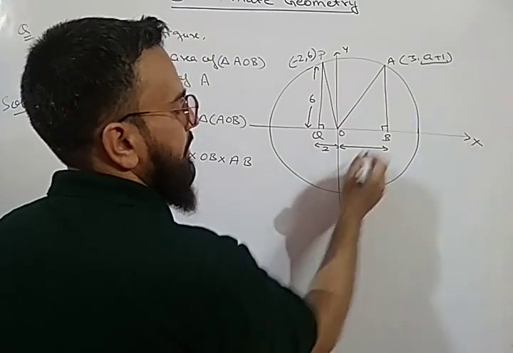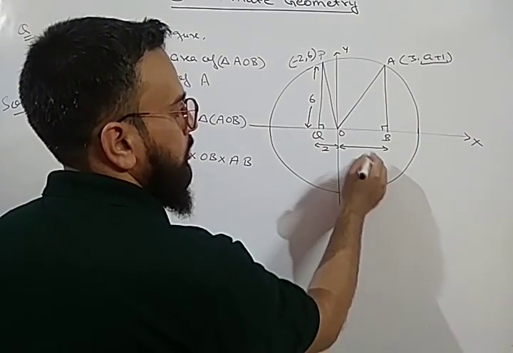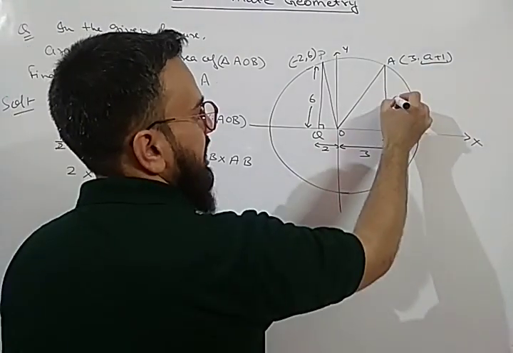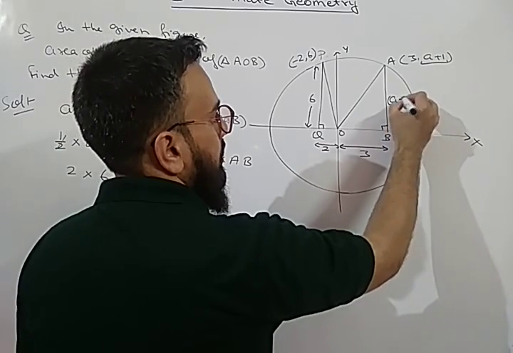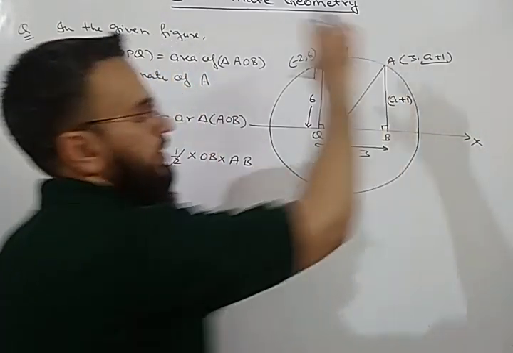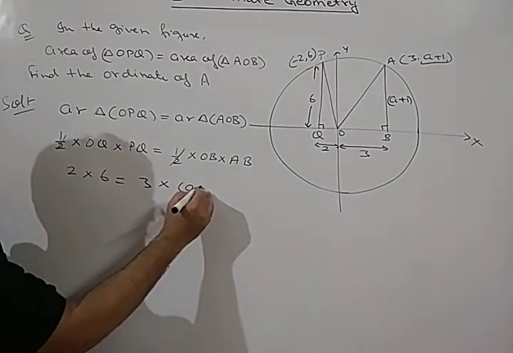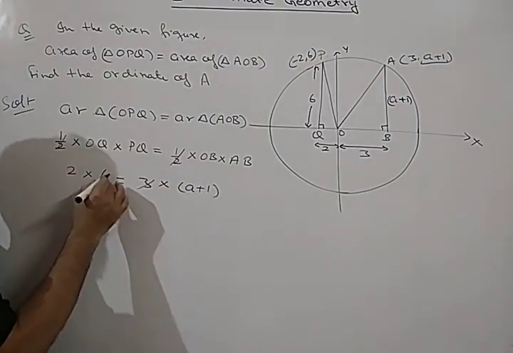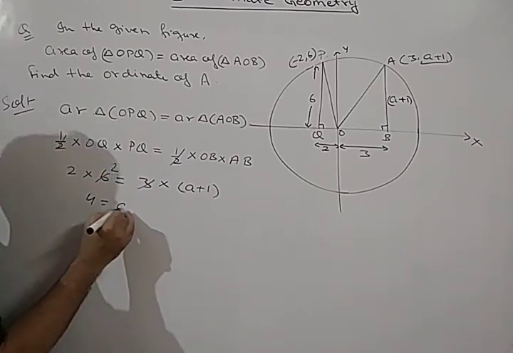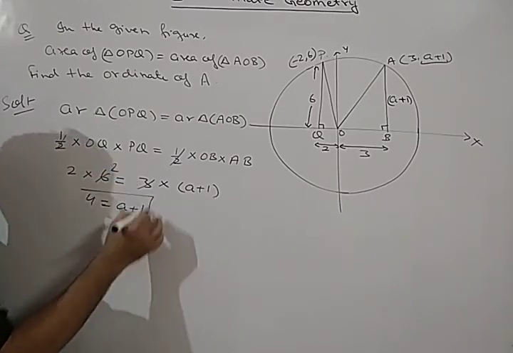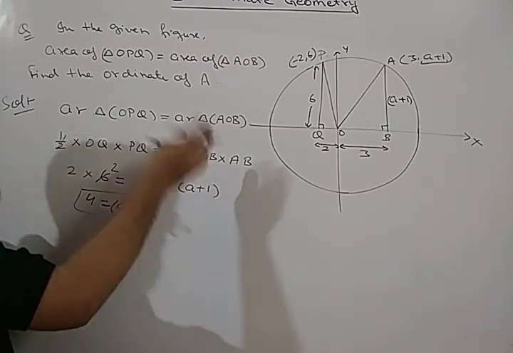Is equal to OB. What is the length of OB? This is (3, A plus 1). It means this length OB will be 3. And this length AB will be A plus 1. X coordinate is 3 and y coordinate is A plus 1. So put the value. We will get 3 into (A plus 1). Now 2 times 6 is 12, and 12 divided by 3 gives 4, so we get 4 is equal to A plus 1. It means the value of A plus 1 is 4.